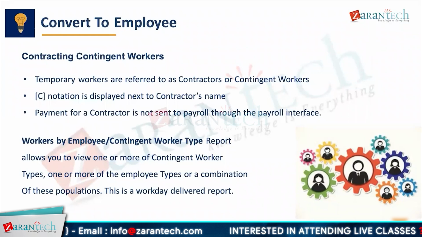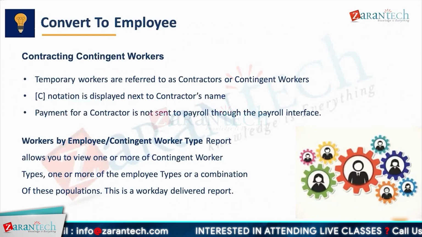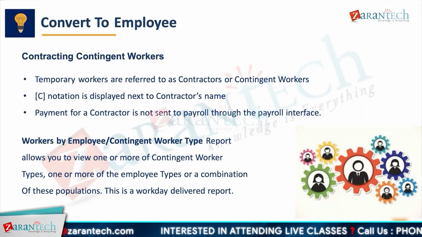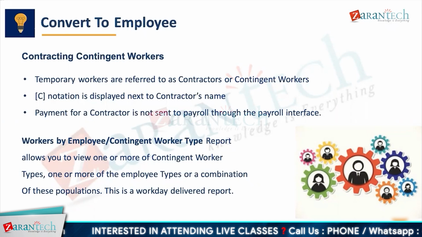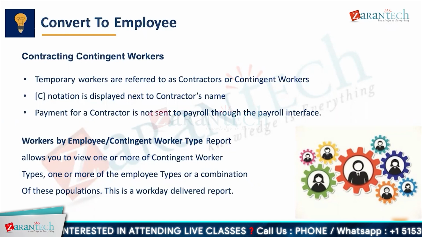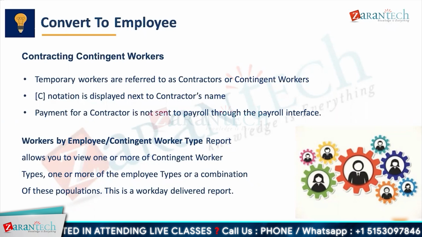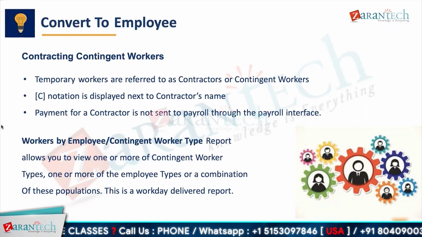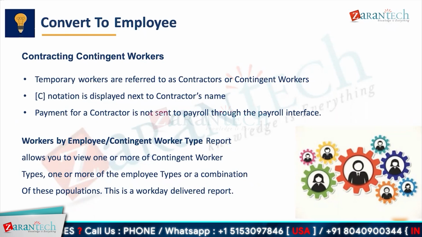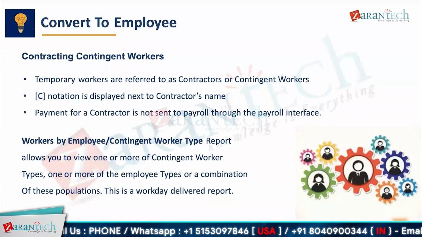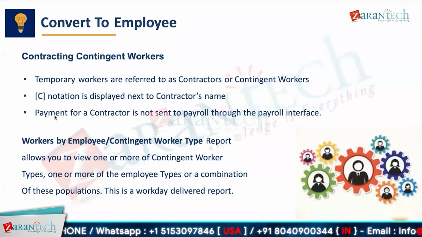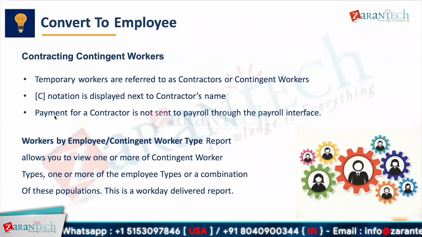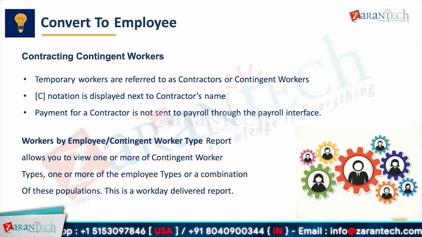Contingent workers and temporary workers are referred to as contractors or contingent workers. To differentiate them in the system, we'll always see a C notation right after the contractor's name, and that tells us that this person is a contractor. That's how we differentiate between employees and contractors.